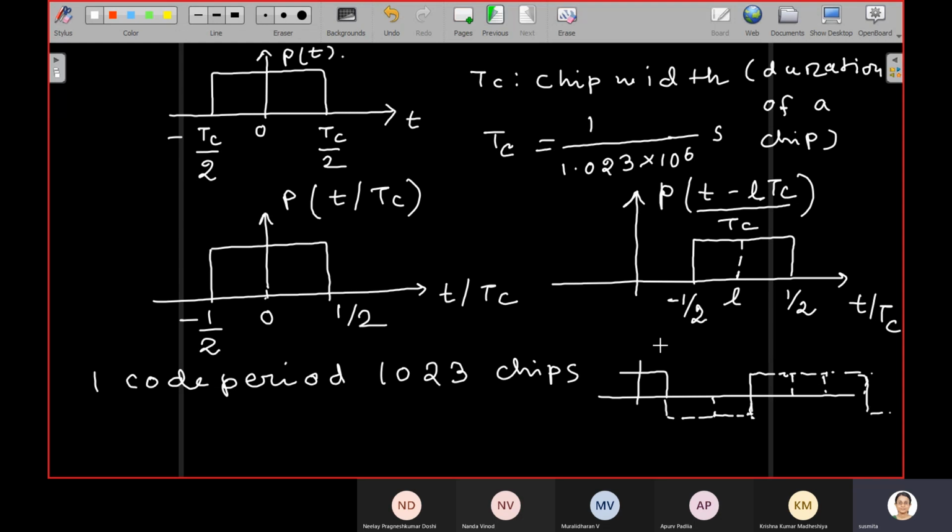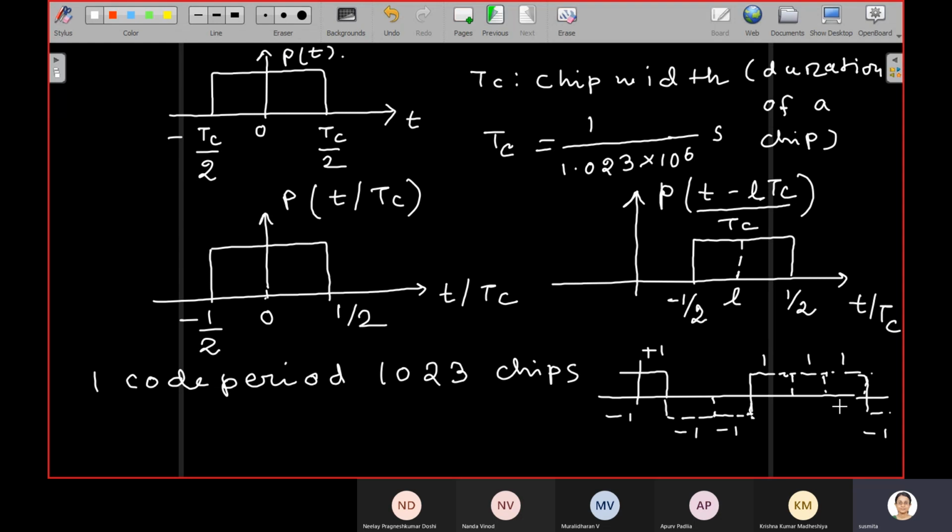So something like this you can assume. So this is plus 1, this is minus 1. So here it is 1, 1, 1, and 2 times minus 1 here. Then again minus 1 here. So let's say this is the sequence.